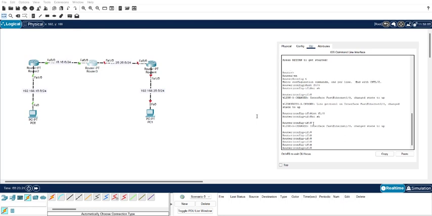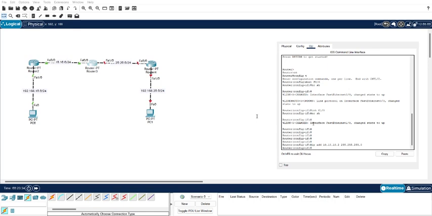Let's go to interface 0/0. To add it, we add the IP address 10.10.10.2, with mask 255.255.255.0. This router has a special gateway because it is in the middle of router 1 and router 3, right?